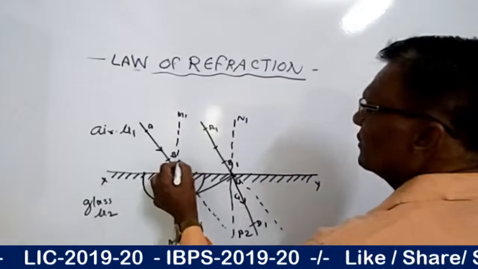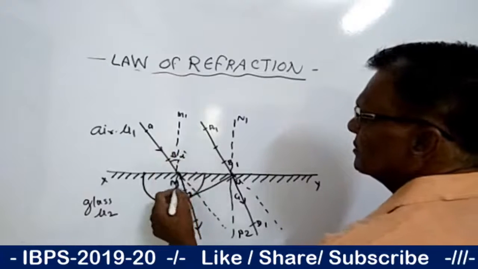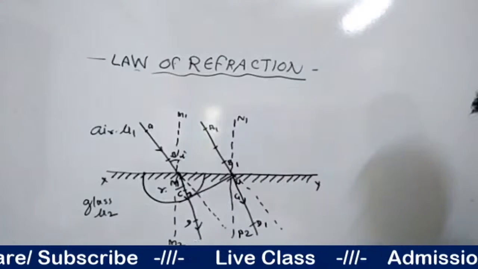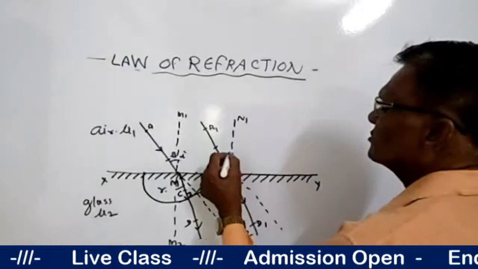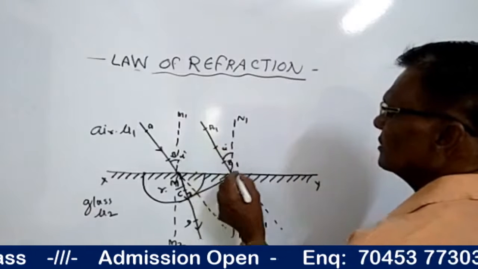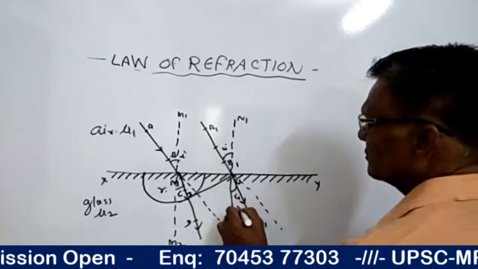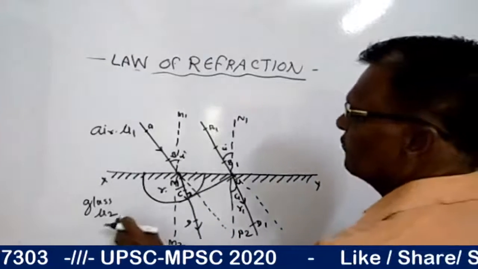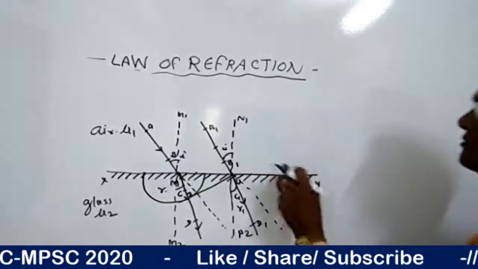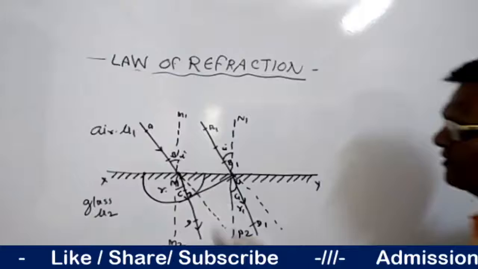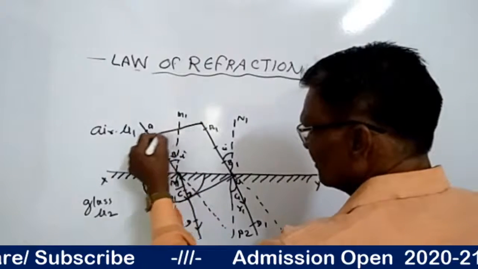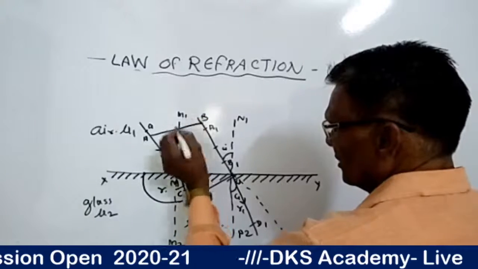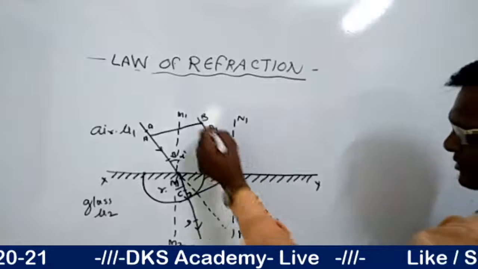This is known as angle of incidence I. Here angle of refraction R. Again in this ray also incidence I, and here R. So here we form a spherical form of waves which is tangential to refracted. Here AB is a wave, that is wavefront.